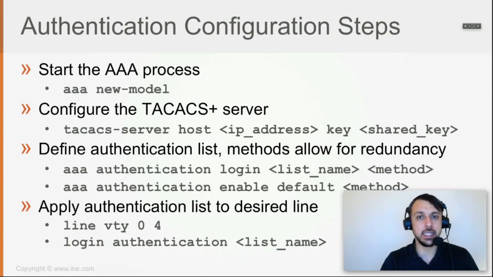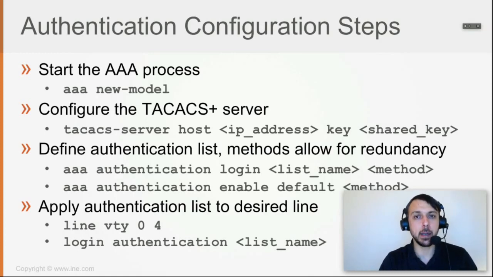If you define the list as default, then that's going to by default enforce authentication as that list states for all methods of getting access to the router. What that means is that if I say aaa authentication login default, then this list is going to define how I want to authenticate login requests to the router.